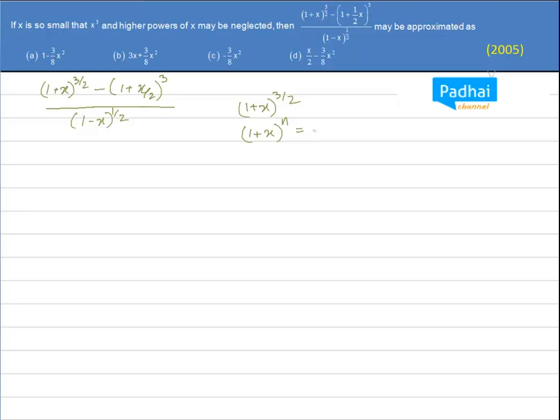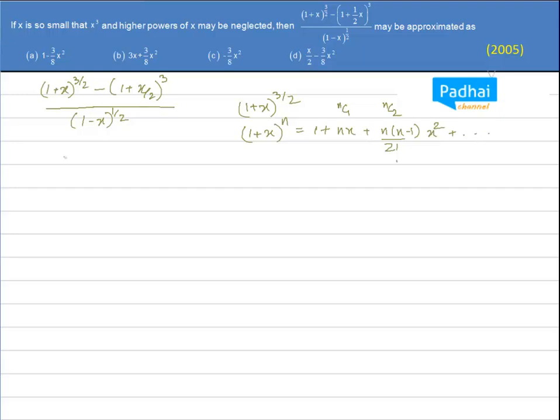It was 1 plus nx plus n into n minus 1 by 2 factorial into x square and so on. Basically this is nC1 and nC2 that I have just written over here. This is nC2, so I'll be applying these properties in these cases.